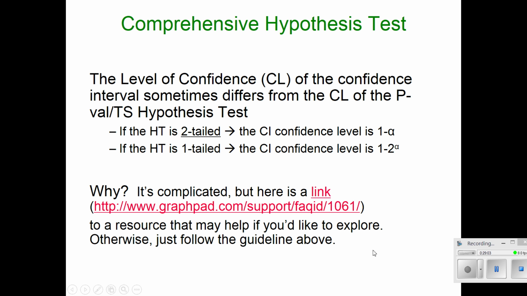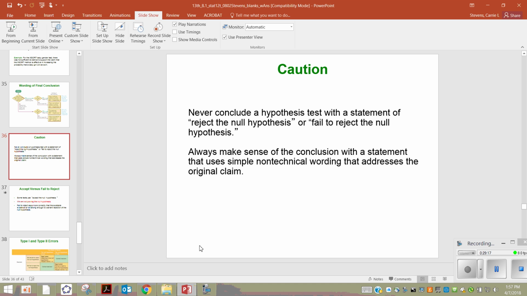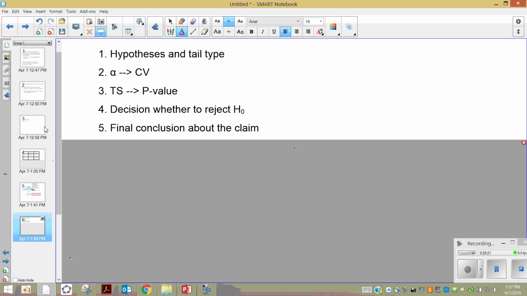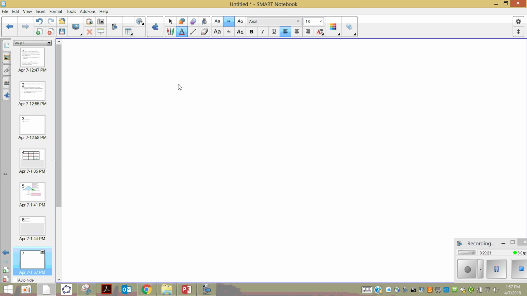This link mainly explains why we always stick with a two-tailed confidence level even when we have a single-tailed hypothesis test, but I won't go into the details. I'm trying to keep it simple, more focused on procedure. So the illustration of why this is true, I'll show you here.